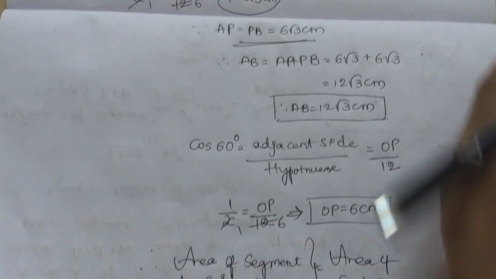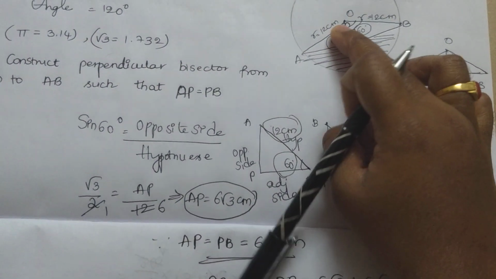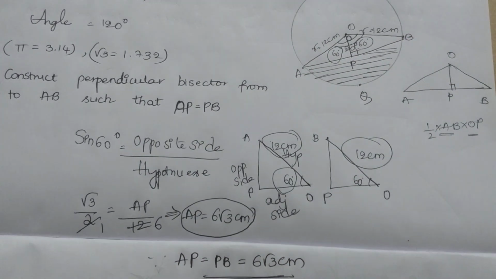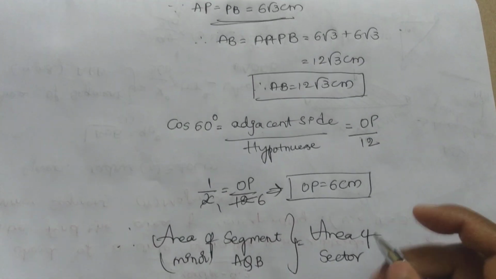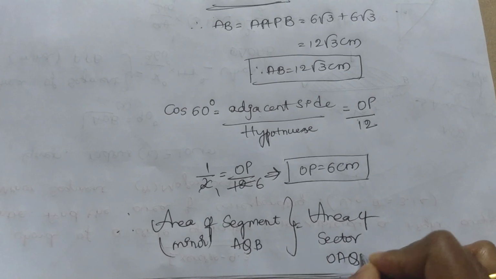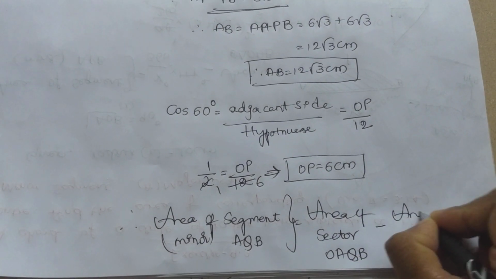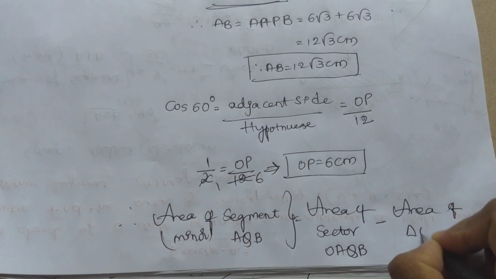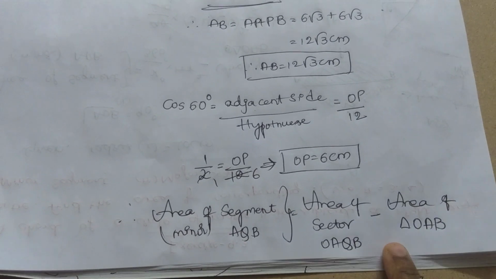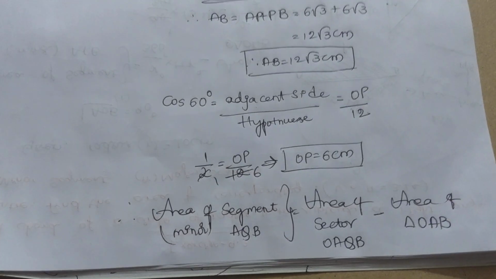What is the sector here? See in the figure, what is the sector? OAQB. Area of minor segment AQB equals area of sector OAQB minus area of triangle OAB. This is the formula. Let us proceed further.